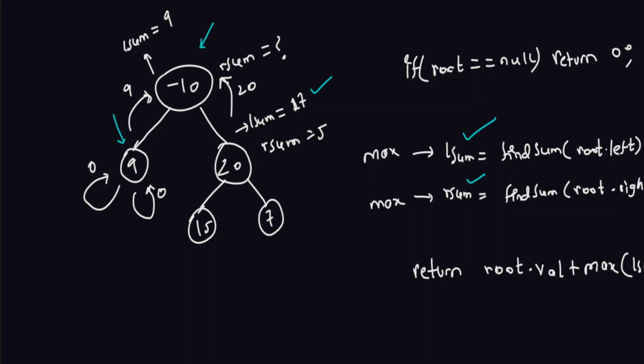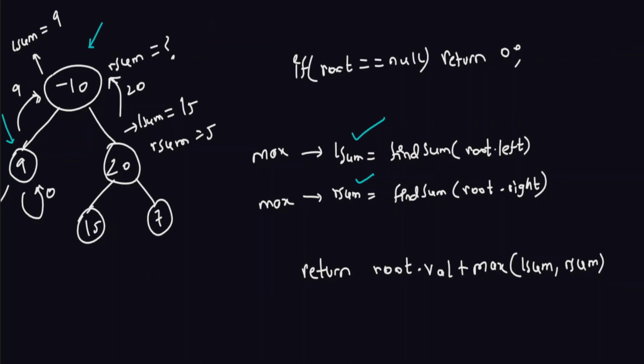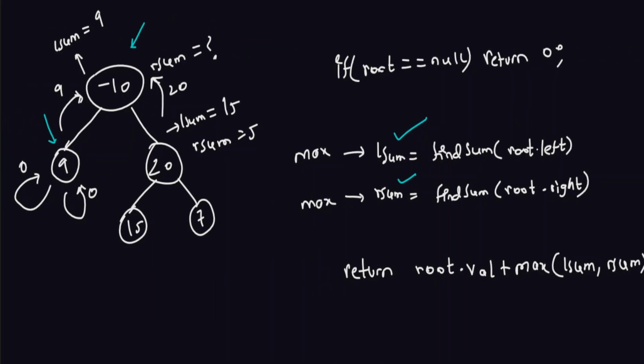This is the part, right? So 15 will be returned. Now what we are returning is root's val plus the maximum of L sum or R sum. So this is 7. Now what we are going to return is 20 plus 15. R sum is actually 35.